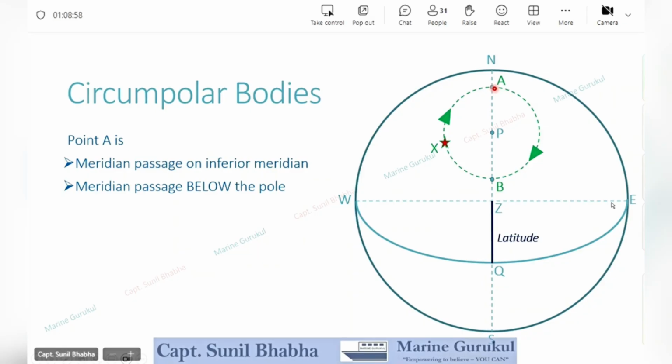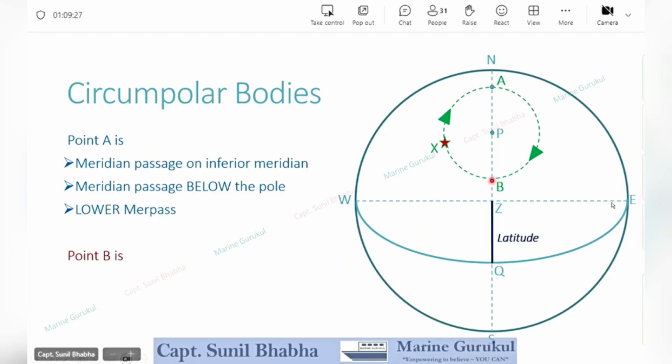And we can clearly see that the altitude of the body is lesser than the altitude of the pole. That is why at this particular instant, that is at point A, the meridian passage of the body occurs below the pole. For this particular reason, this is also called lower meridian passage or lower merpass.